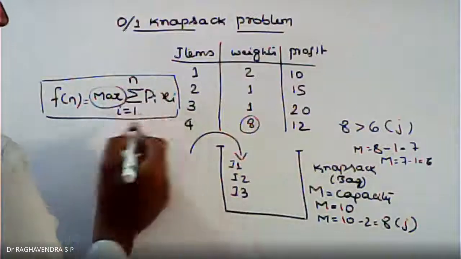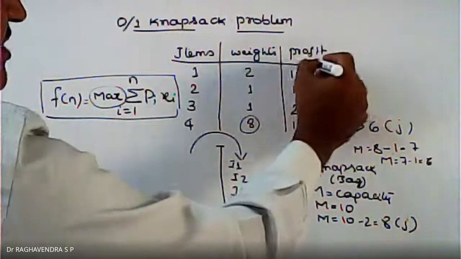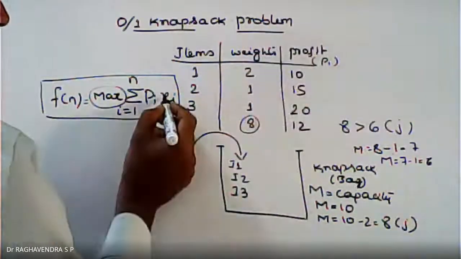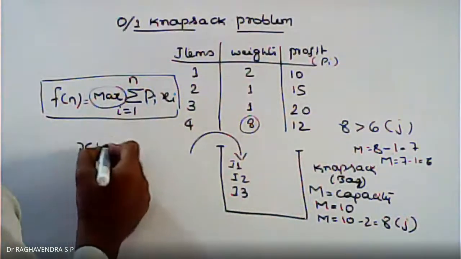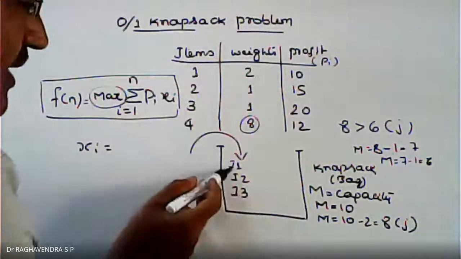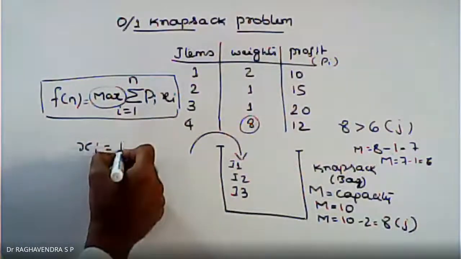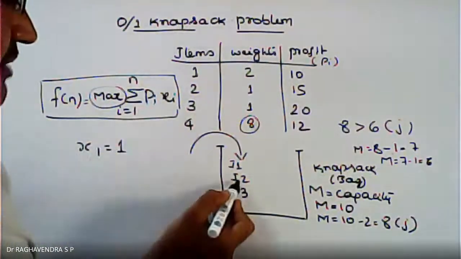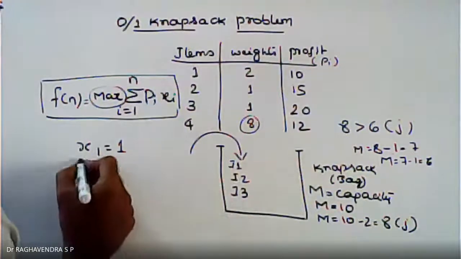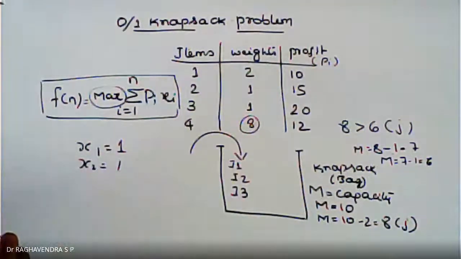So this is summation. Pi means the profit. And xi means, suppose I have inserted item 1 into the knapsack, that is why x1 becomes 1. Similarly, I have inserted item 2 into the knapsack, so x2 equals 1.